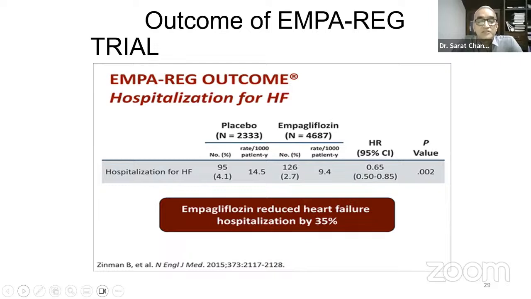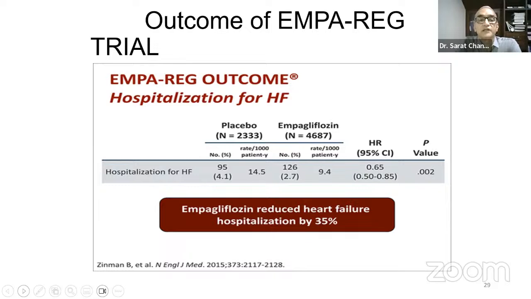And the rest is history, as they say. Empagliflozin reduced heart failure hospitalization by 35%. And later, the other SGLT2 inhibitors, be it dapagliflozin or canagliflozin, all have shown considerable reduction in chances of development of heart failure and need for heart failure hospitalization. In fact, EMPA has shown that even total mortality has come down when given to diabetic patients.